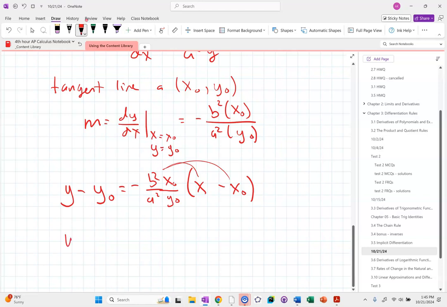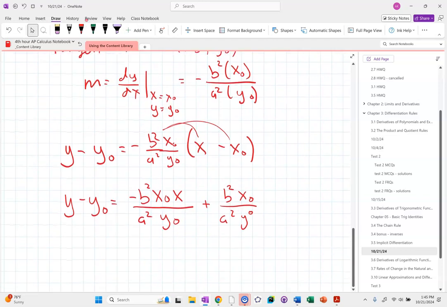It's just now going to get kind of messy. So far, so good.